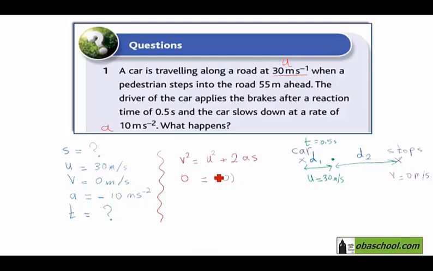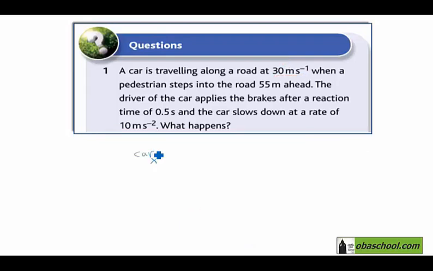We substitute the numbers, we get 0 equals 30 squared plus 2 times minus 10 times s. 0 equals 900 minus 20s. So s is equal to 45 meters.